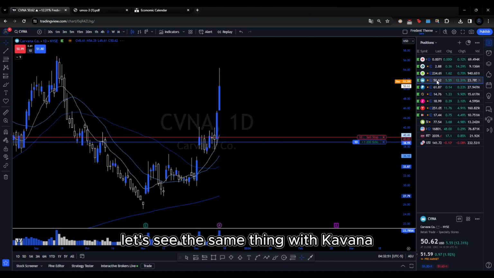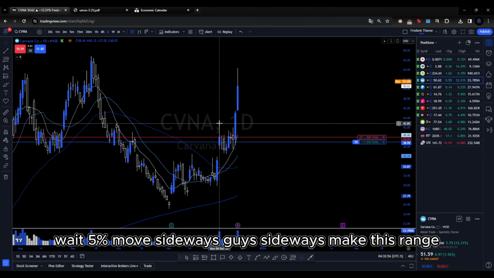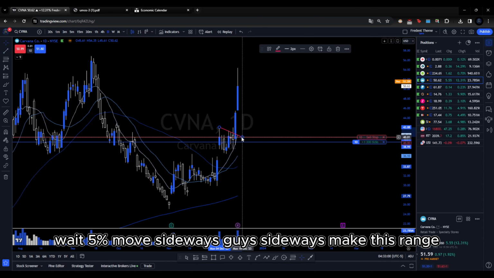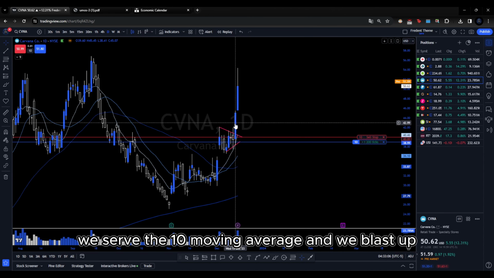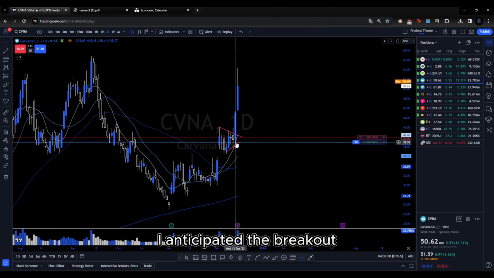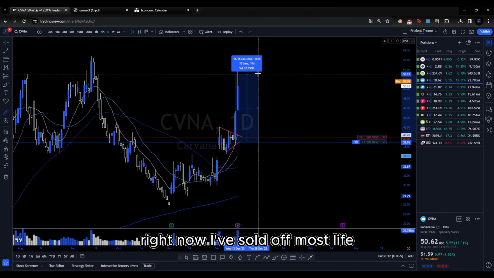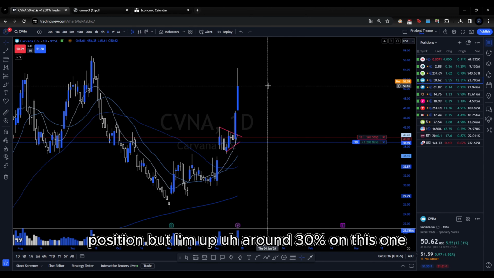Let's see the same thing with Carvana. We make a move up, 35%. We move sideways, guys. Sideways, make this range. We surf the 10 moving average, and we blast up. I anticipated the breakout, I bought it here. Right now I've sold off most of my position, but I'm up around 30% on this one.